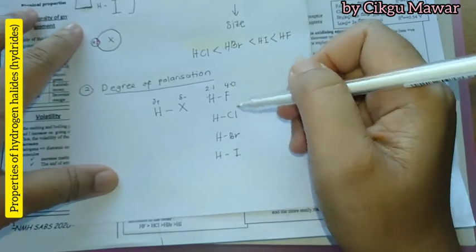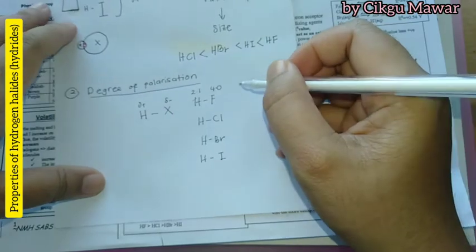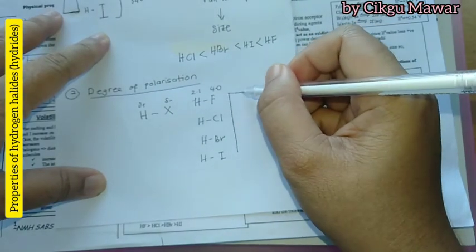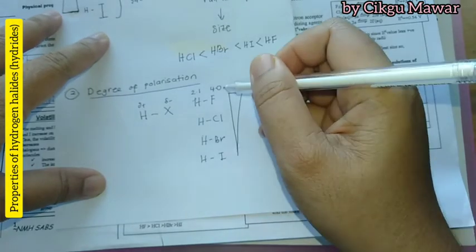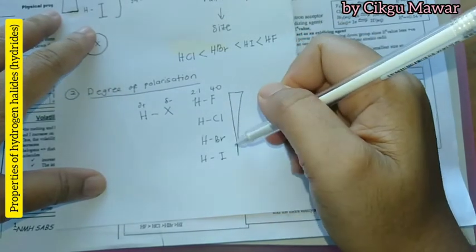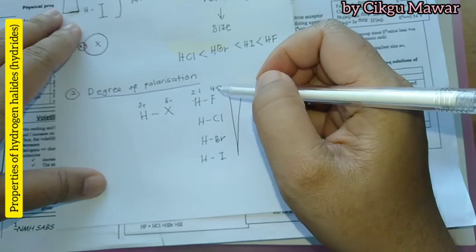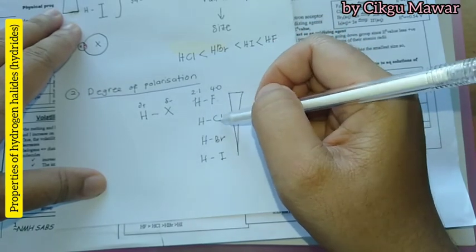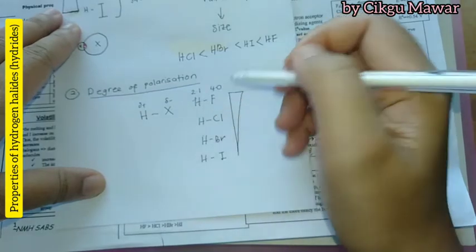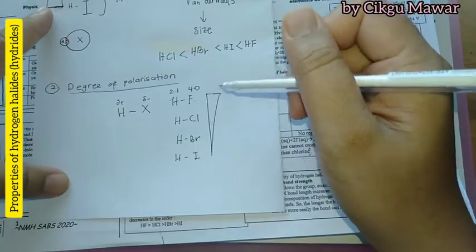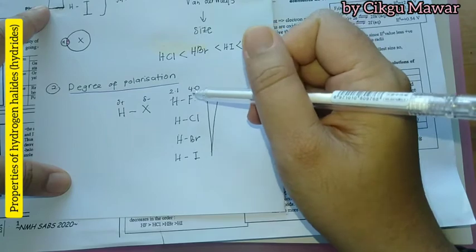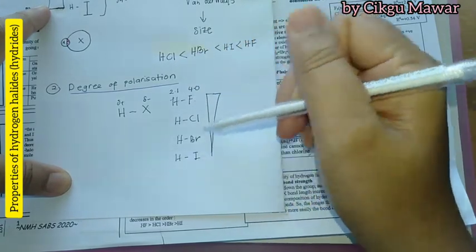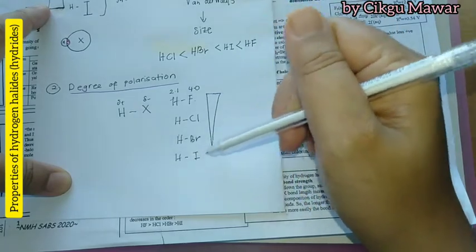So we can see that the degree of polarization of hydrogen halide decreases going down the group, because of the different electronegativity differences between hydrogen and halogen. The higher electronegativity of halogen makes the hydrogen halide a polar molecule.